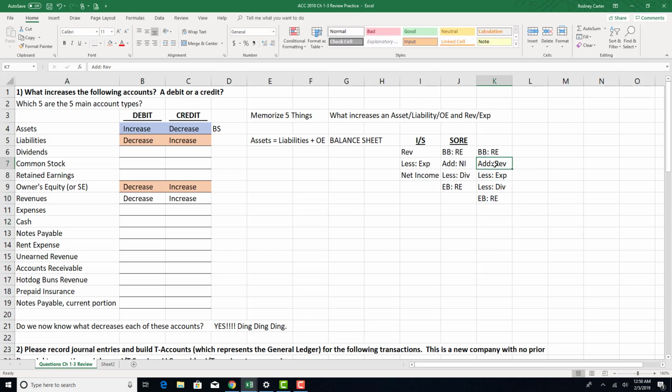So I increase retained earnings, which is an owner's equity account, by revenues. I decrease it when I spend money on expenses like rent expense or utility expense or insurance expense. And I also decrease retained earnings when I issue dividends to owners. That's money going out of the business and back into the hands of the individuals who own the company.